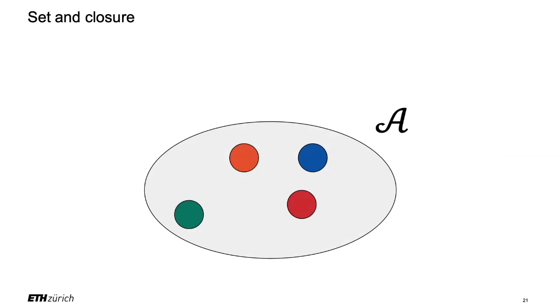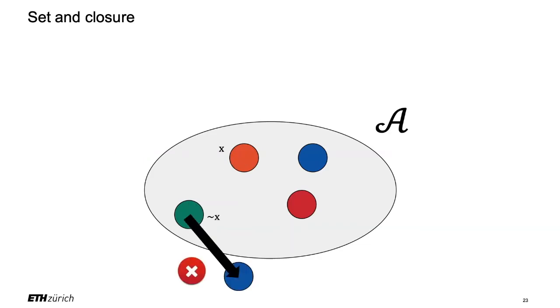First, I need to tell you about the notion of a set and its closure. So if we have a set A, and we take an element X, and we apply some unary operator, tilde, in that case, then we have tilde X. We can ask the question, is this tilde X going to be in A as well, or is it going to be outside?